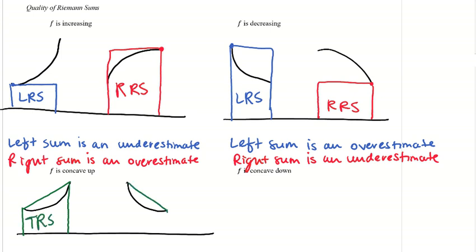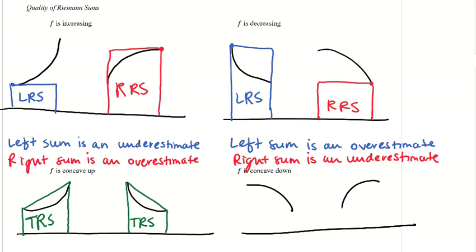And we see that regardless of whether it's increasing or decreasing, the trapezoidal sum overestimates when the function is concave up. And when the function is concave down, we'll come through and we'll see that these trapezoids are underestimating.